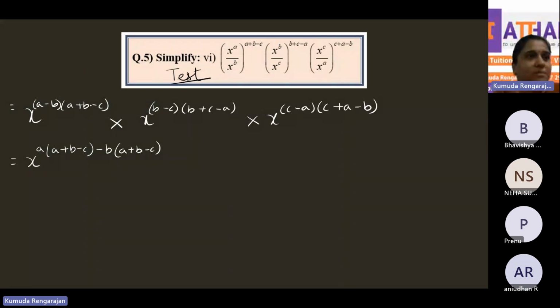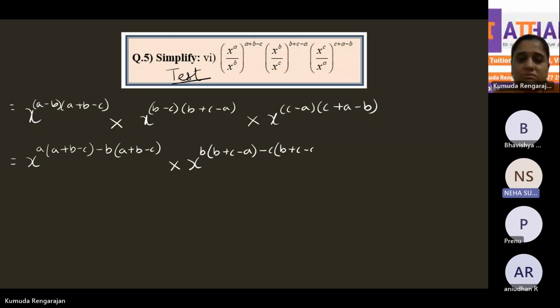A into A plus B minus C, minus B into A plus B minus C. Neha, continue. Ma'am, X power B into B plus C minus A, close bracket, minus C into open bracket B plus C minus A close bracket.